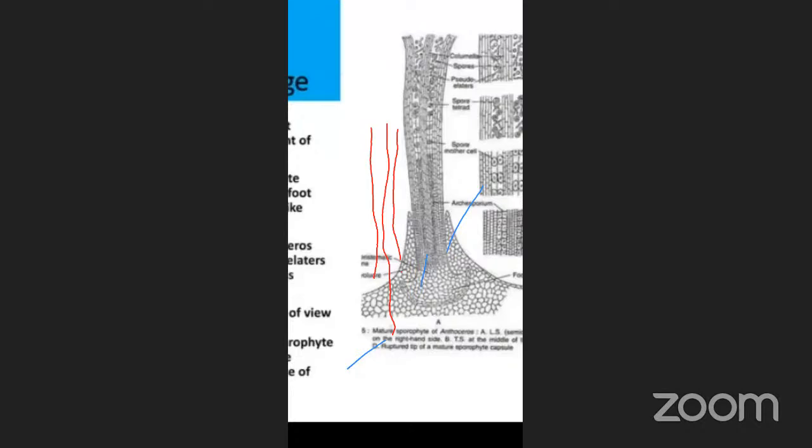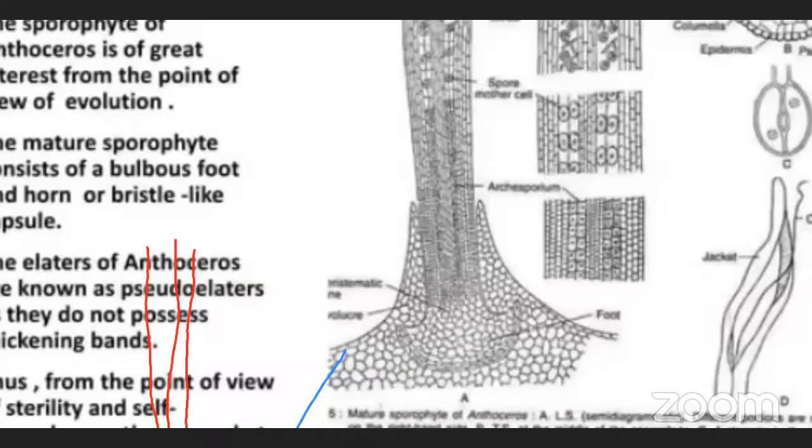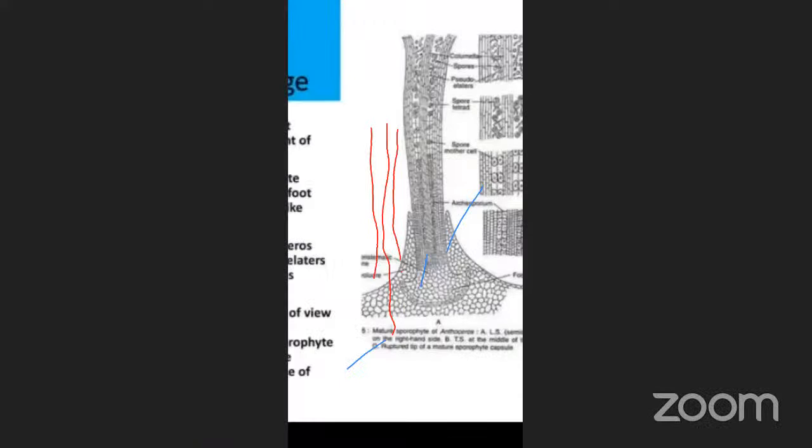It is a sterile tissue developed from the endothecium. Only some portion of the endothecium develops as the archesporium. The archesporium is nothing but the spore-producing organ, the spore mother cells.